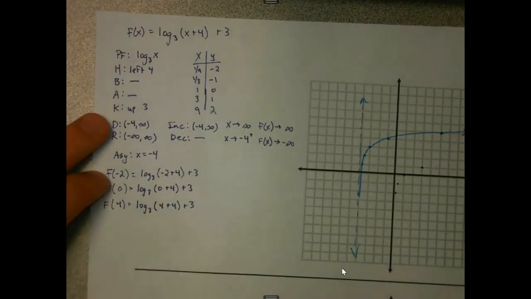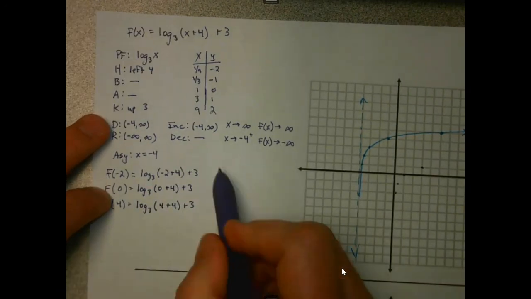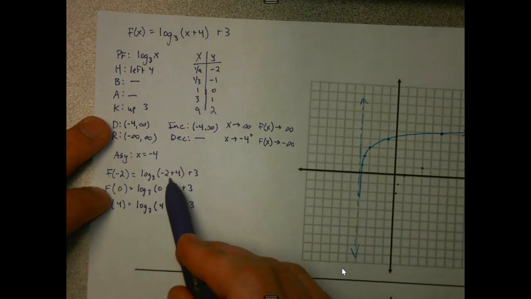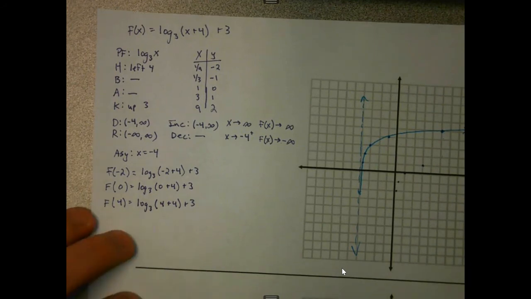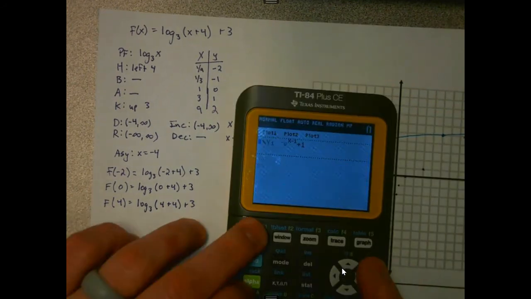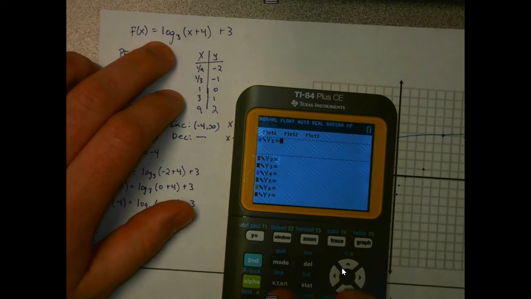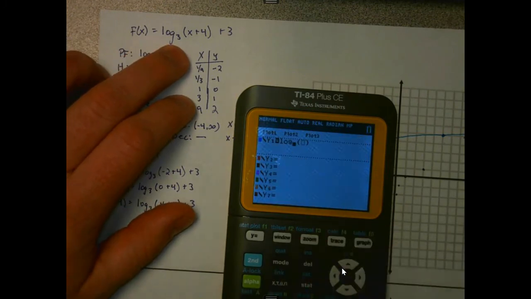Now remember, you can't always put these in because our domain is -4 to infinity. So what's in here has to be above 0. If it's not, you would get an error. And we can, again, check our table here. So in the table, set number 5, I can put log base 3 of (x plus 4) plus 3.